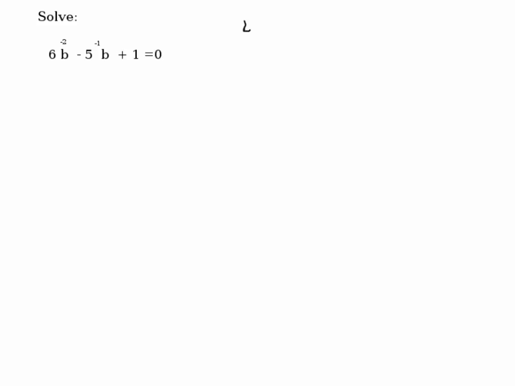So I'm going to let b to the power of minus 1 equal to some variable, anything. Let's call it x this time. If I square left-hand side and square right-hand side, b to the power of minus 2 is equal to x squared.